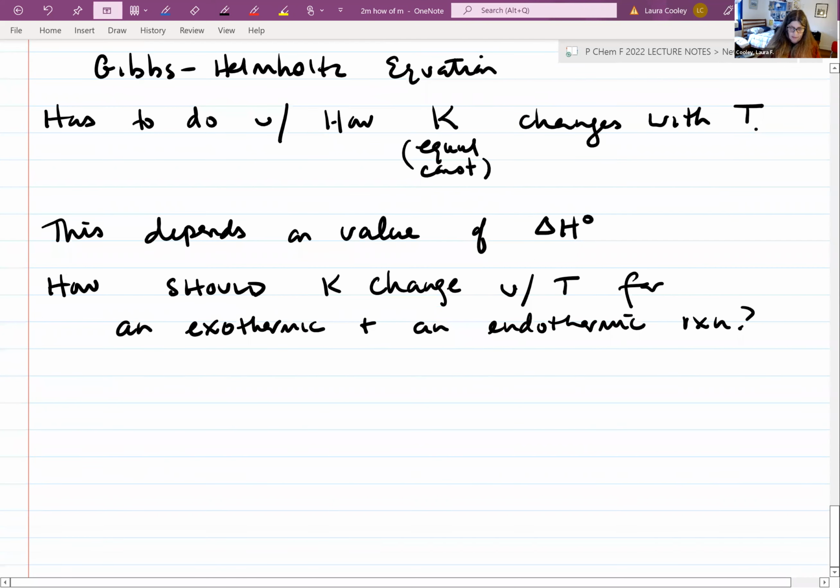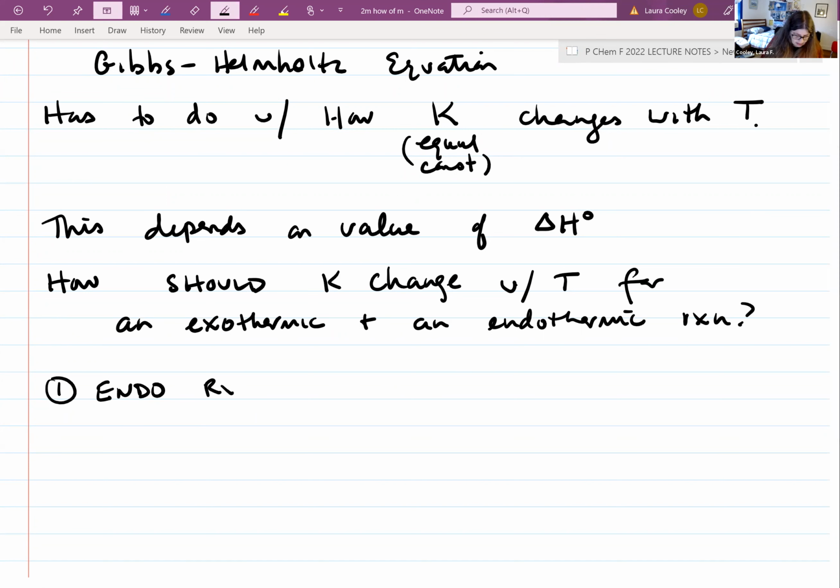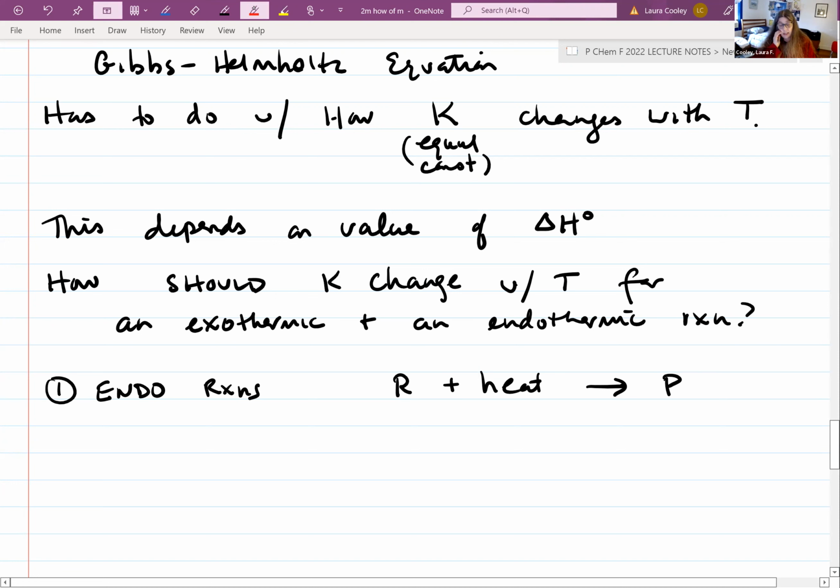So let's go back to Gen Chem, and let's first consider endothermic reactions. An endothermic reaction you could think about as adding heat to the reactants side. So you have reactants, you add heat and form products. Now, let's use Le Chatelier's principle.